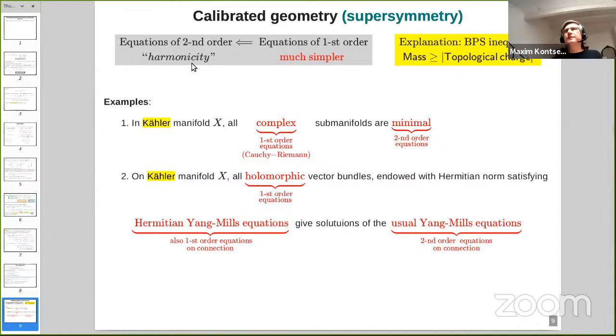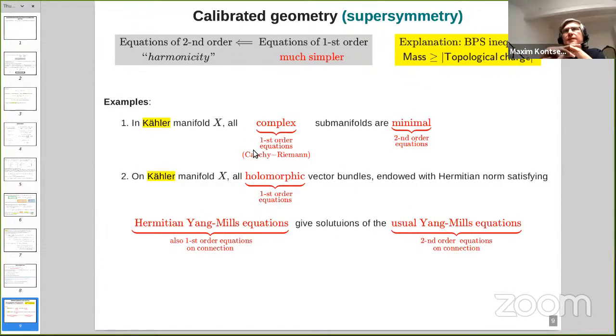And supersymmetry says that there are equations of first order, and the number of equations could be different, but some collection of equations of first order which are in a sense much simpler, which implies the equation of second order. And the explanation is some general BPS inequality, like area is bounded below by the absolute value of the integral of some topological invariant, and in general certain mass is greater or equal to the absolute value of certain topological charge.